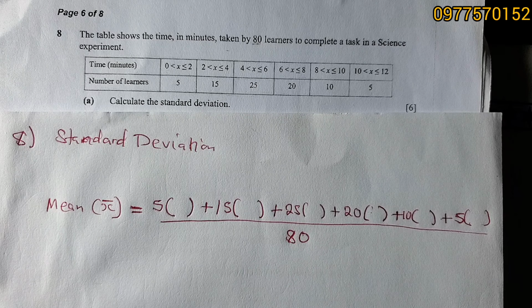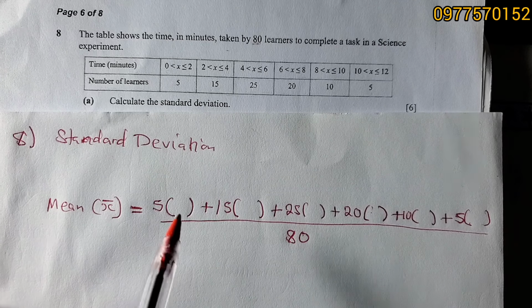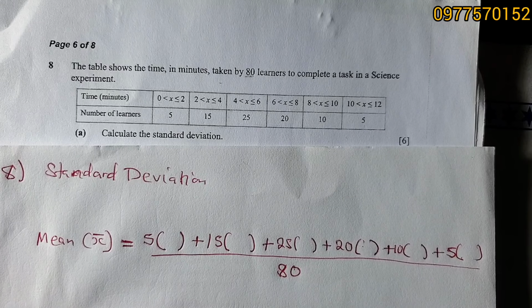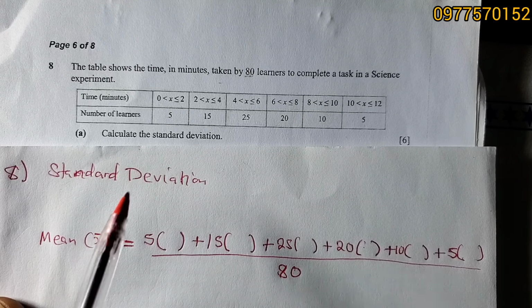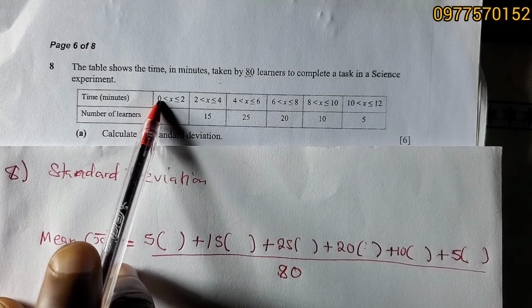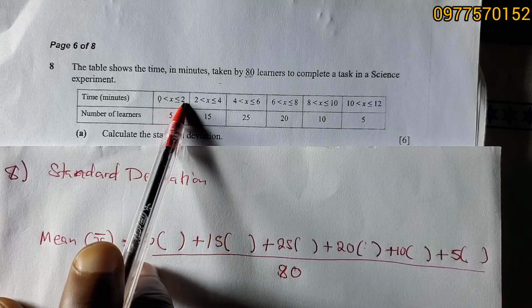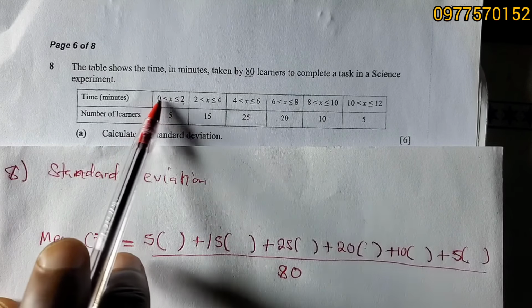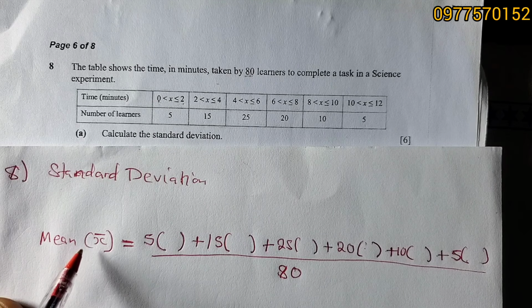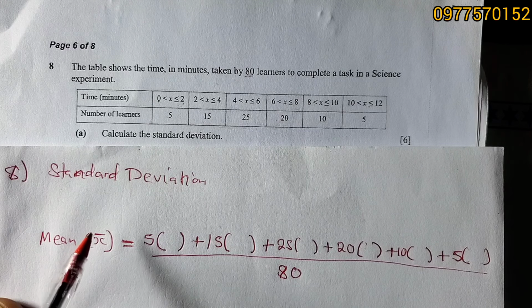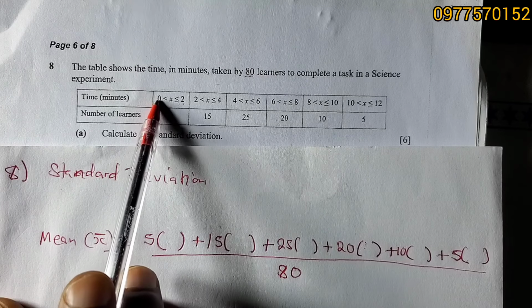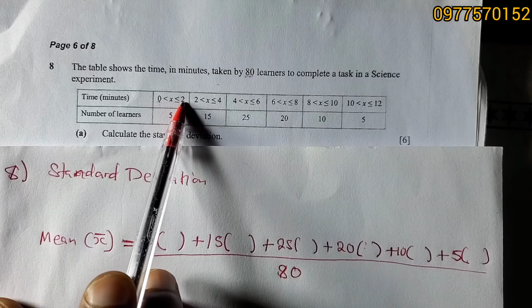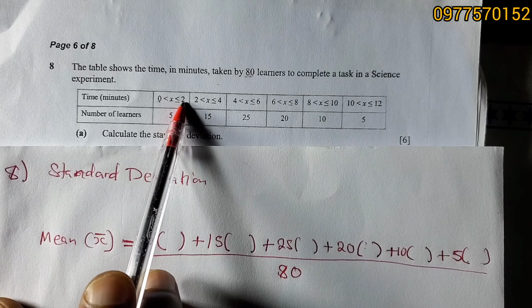Now, my good friends, listen. What is the midpoint? This is how you find it. Between 0 and 2, what is the midpoint? Add the two numbers, 0 plus 2, divided by 2.